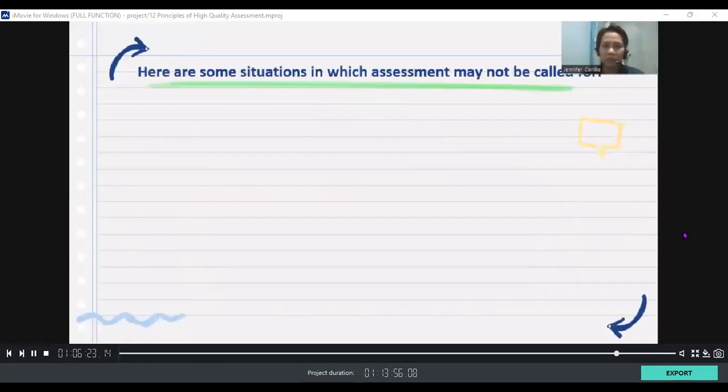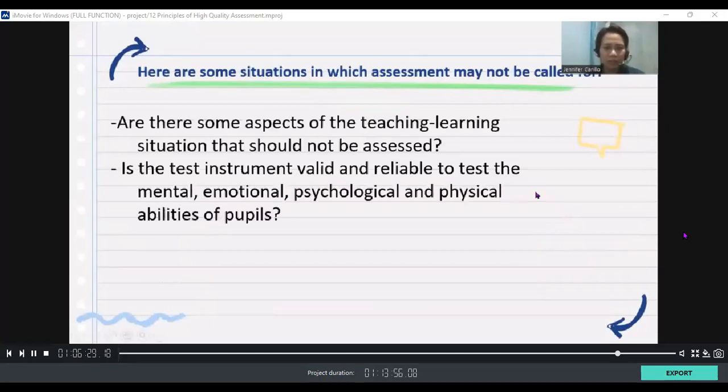So here are some situations in which assessment may be called for. Are there some aspects of the teaching learning situation that should not be assessed? Okay, so for example, kanang mga sensitive nga mga questions. Is the test instrument valid and reliable to test the mental, emotional, psychological, and physical abilities of the pupil?